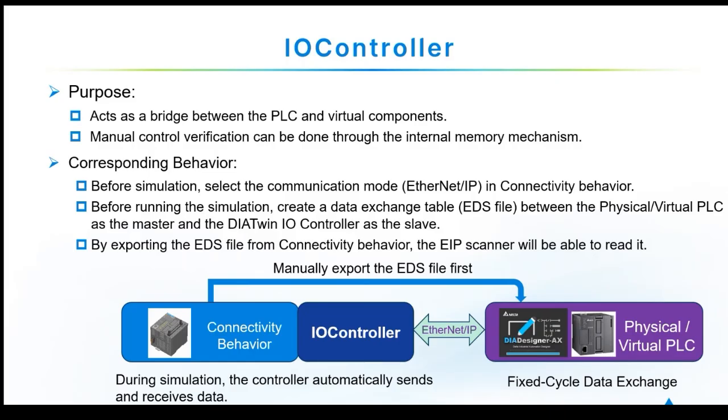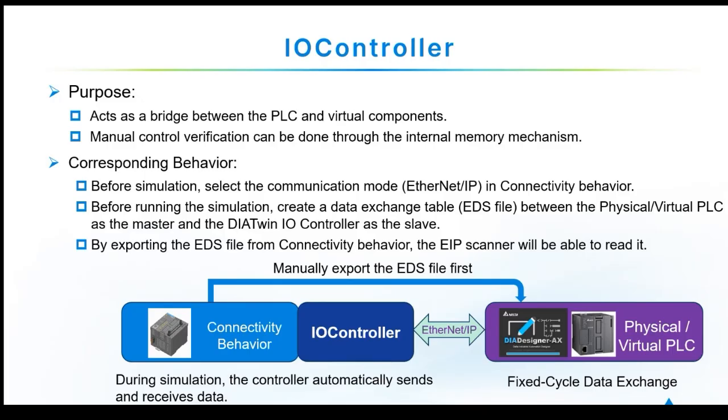We also have a function: the IO controller has a manual mode that is able to control the IO by the interface. So even if the connection is not constructed, it's also able to manually test your signal. And we will do this exercise later.